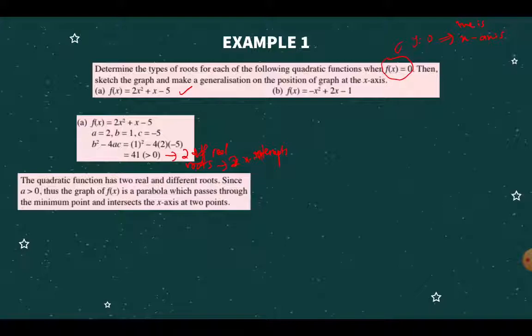Since a is greater than 0, the graph is a parabola which passes through the minimum point.